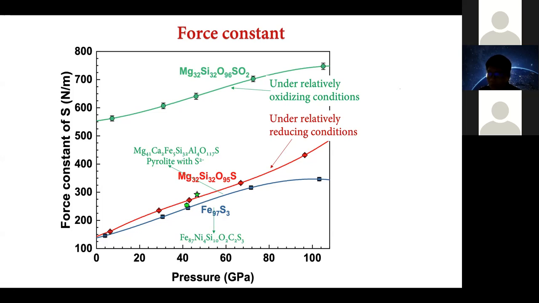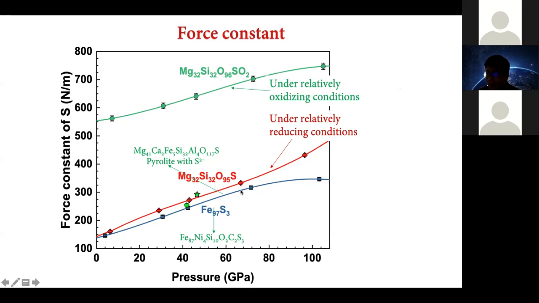We can say that under the relatively reducing condition, sulfur is sulfur 2 minus in silicate melt, and the silicate melt has just a slightly higher force constant than metal melt. However, under the relatively oxidizing condition, the silicate has a high valence state sulfur, and its force constant is much larger than the sulfur 2 minus bearing silicate and the metal.